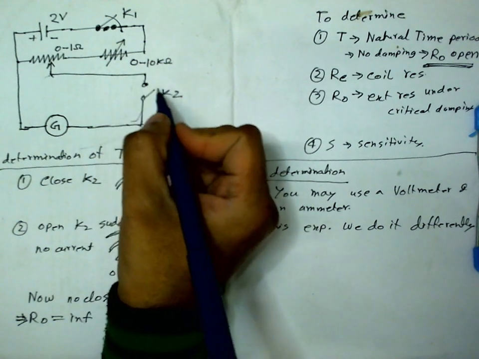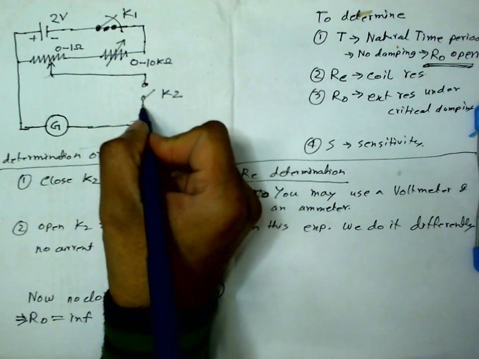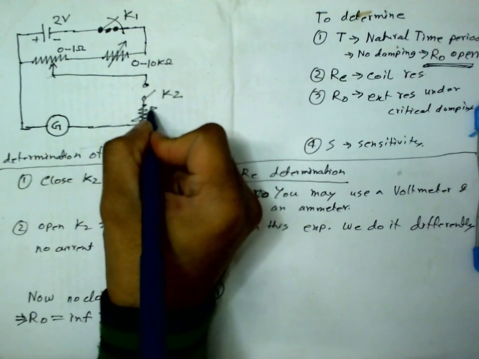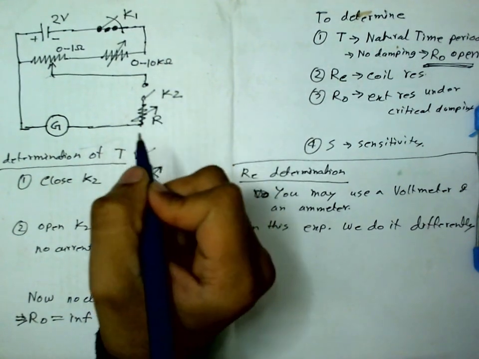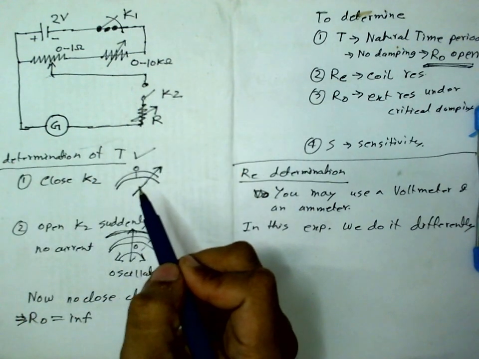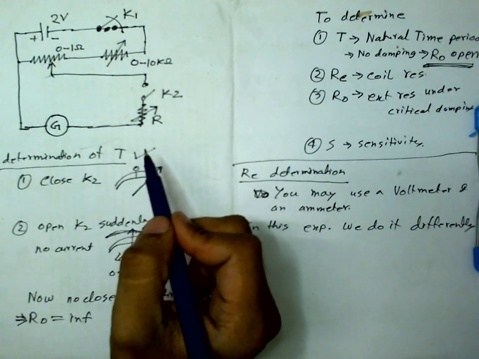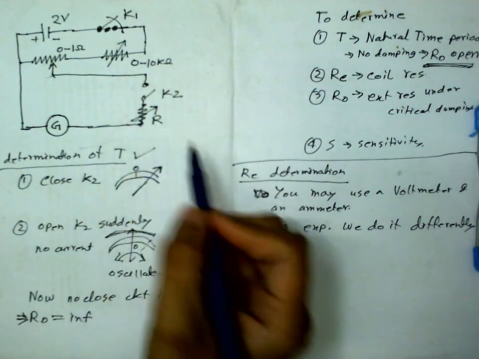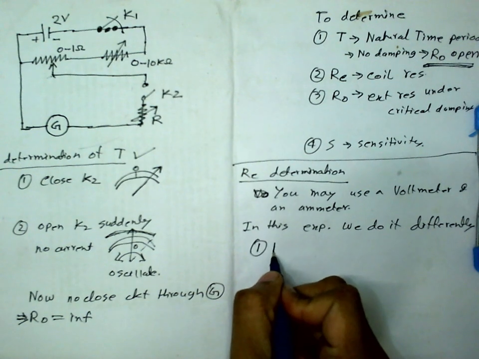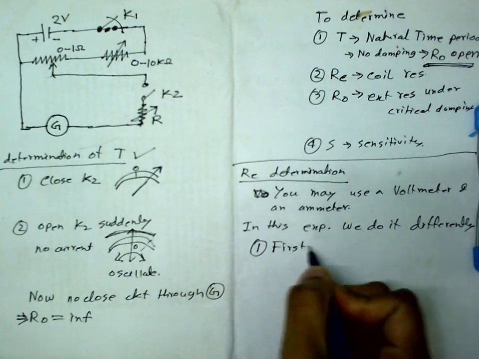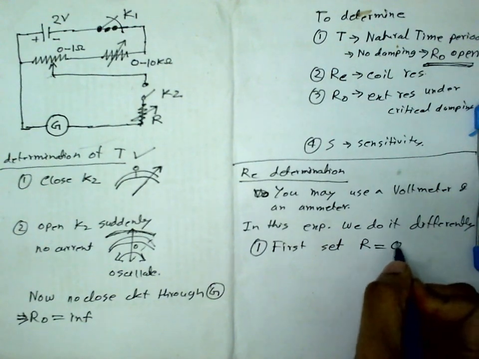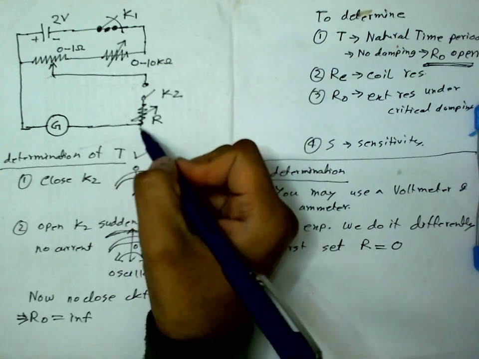So what I will do, I will connect a variable resistance here. Let me call it R. So this is a variable resistance in this circuit. Now the steps are, first set R equal to 0. So there is no resistance at all.